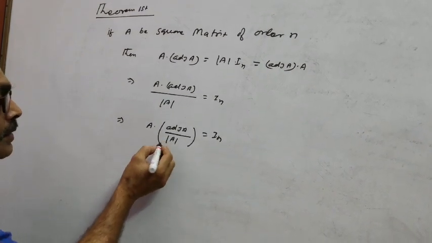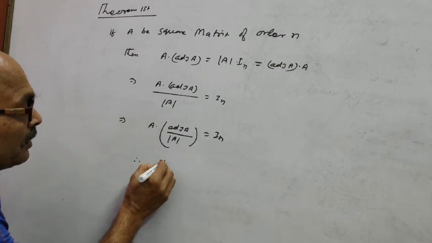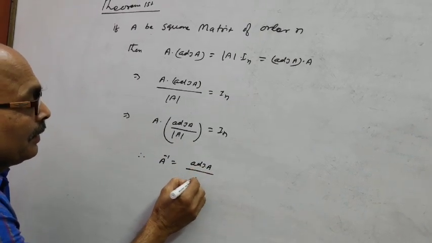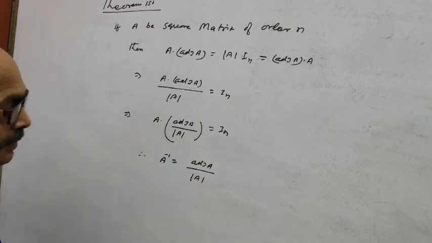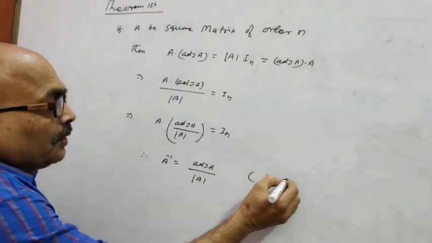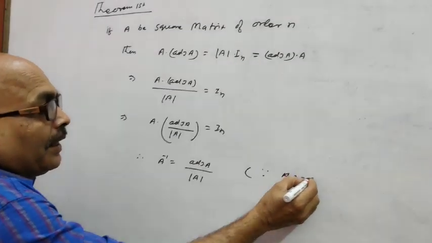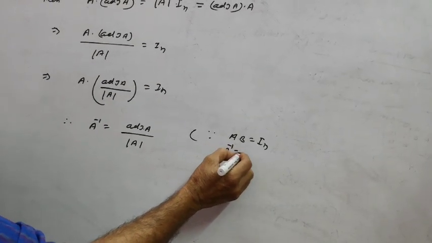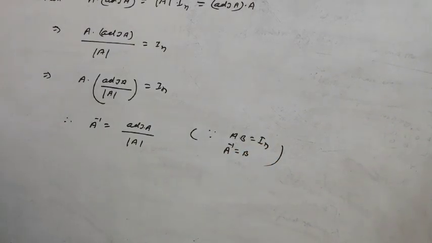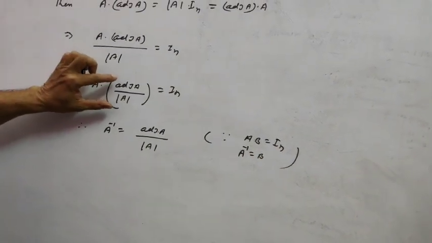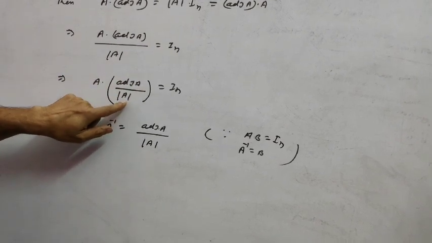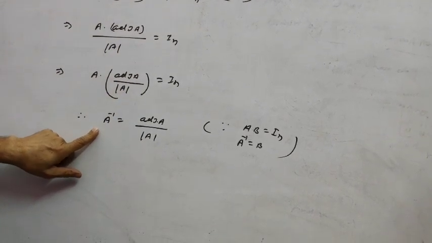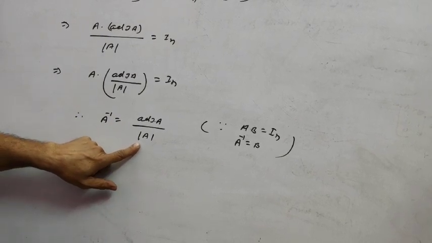Therefore, we see that A inverse equals adjoint A divided by determinant of A. Since A into B equals In, then A inverse equals B. So here B is adjoint A by determinant of A. Therefore, A inverse equals adjoint A divided by determinant of A.